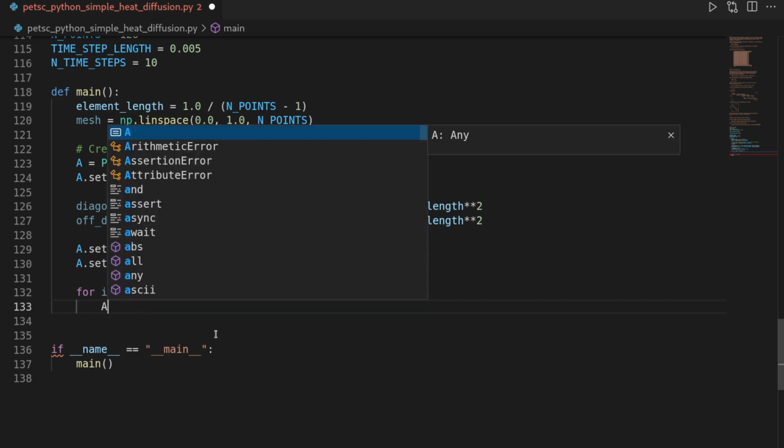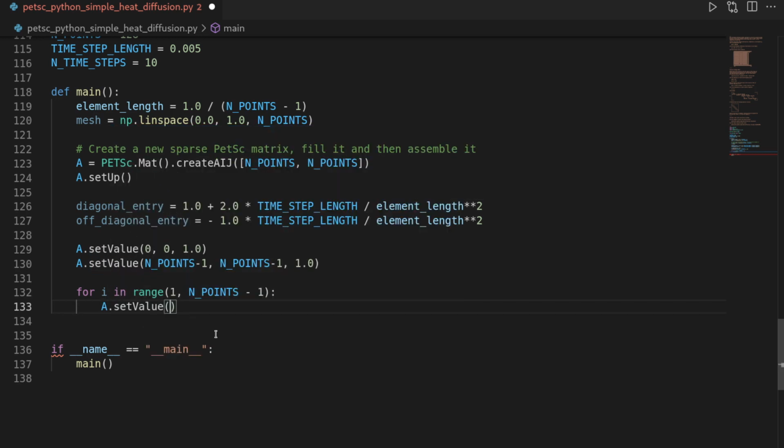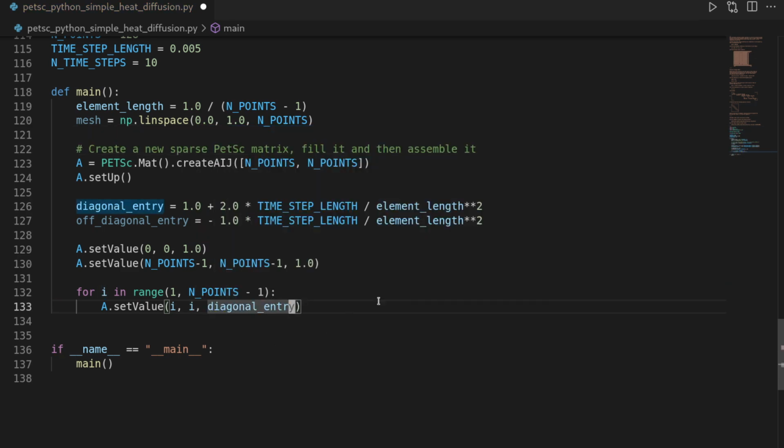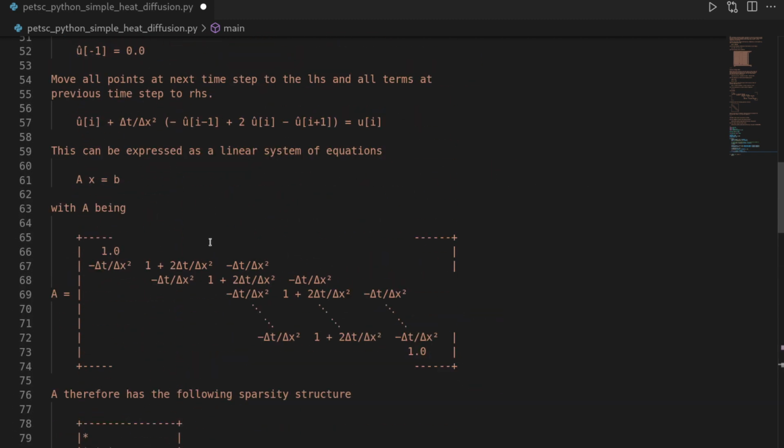And then we can say A.setValue at i, i is going to be the diagonal value, the diagonal entry. So basically, when you look at the matrix here, you see that is at 0,0, 1,1, 2,2, 3,3, and so on and so forth. And then this one here would be at 1,0, and this one would be at 1,2.